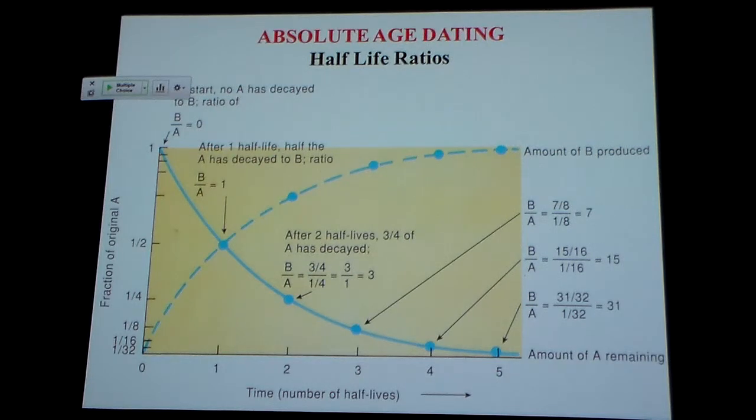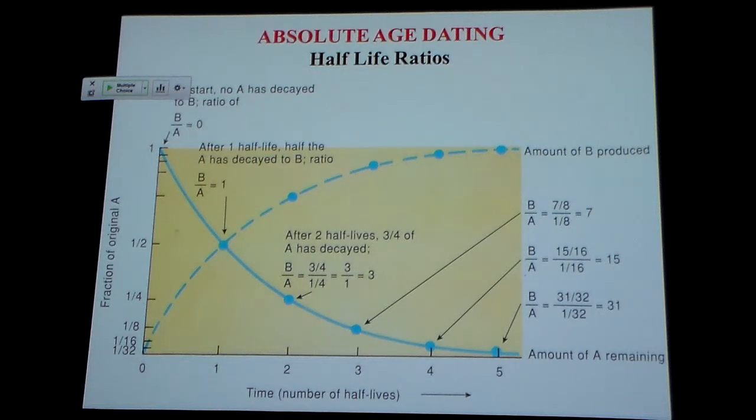That's my ratio of 2 half-lives. At 3 half-lives, it's 1/8 parent, 7/8 daughter, so that divides out to 7. So those are the numbers that I'd get. So at 4, I'd have a ratio of 15, and at 5, a ratio of 31. So those are the numbers that you would see from the lab.